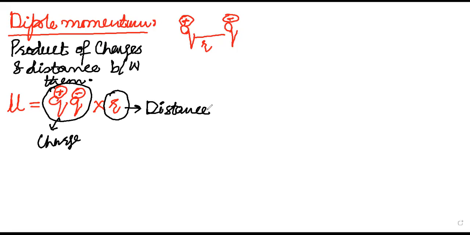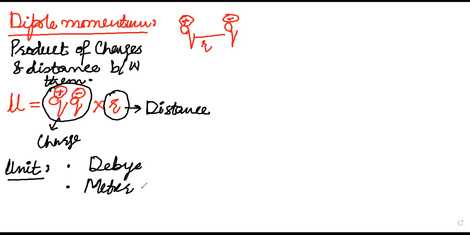And furthermore, we will discuss the unit of dipole moment. The unit of dipole moment is Debye and meter coulomb. There are two units in which we can write dipole moment: coulomb meter and Debye.